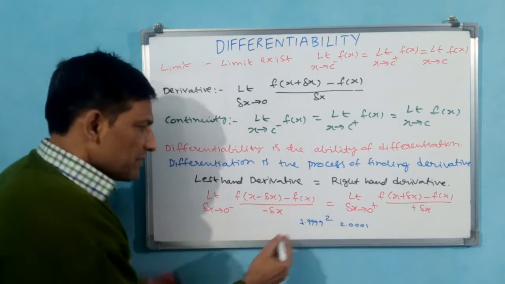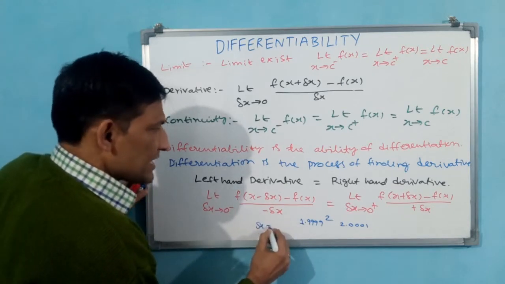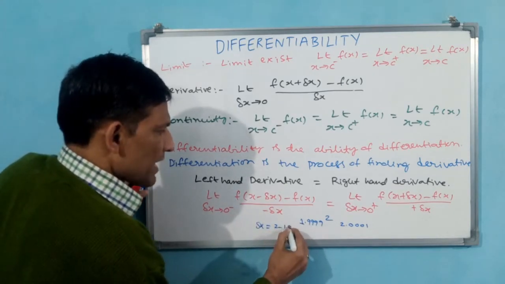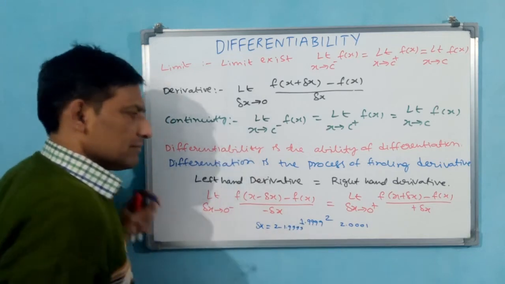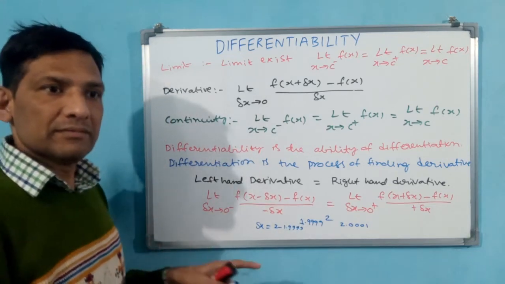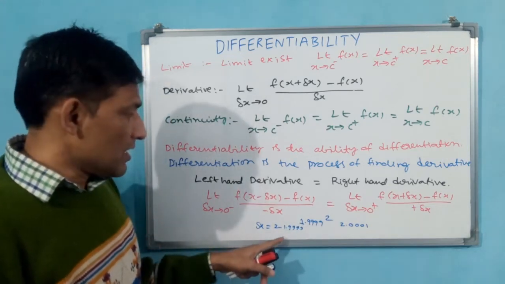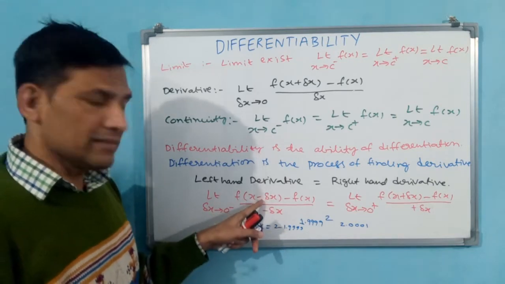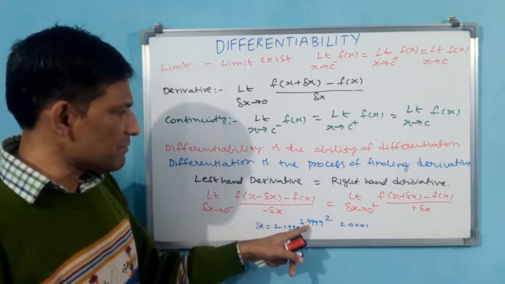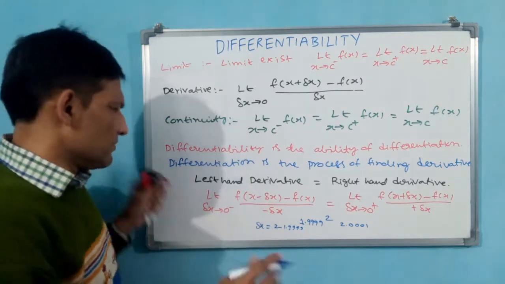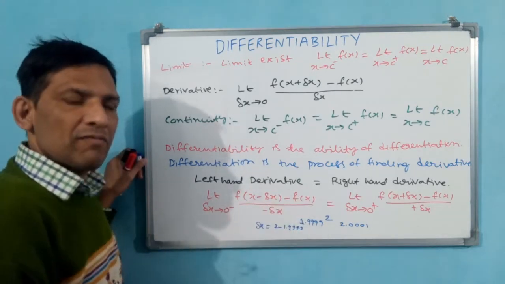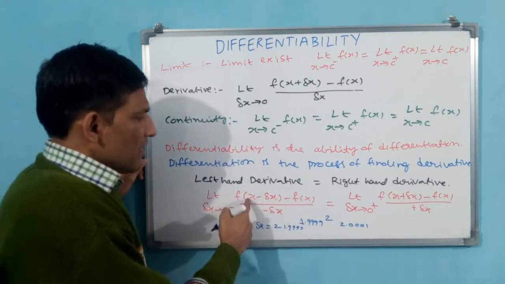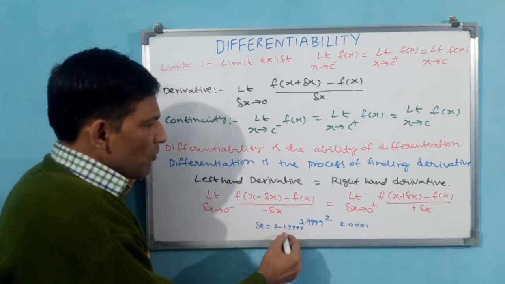See, here delta x will be 2 minus 1.9999. But delta x you have to write in minus. Why? Because finally the function is becoming 1.99. 1.99 you are writing means 2 minus 0.001.